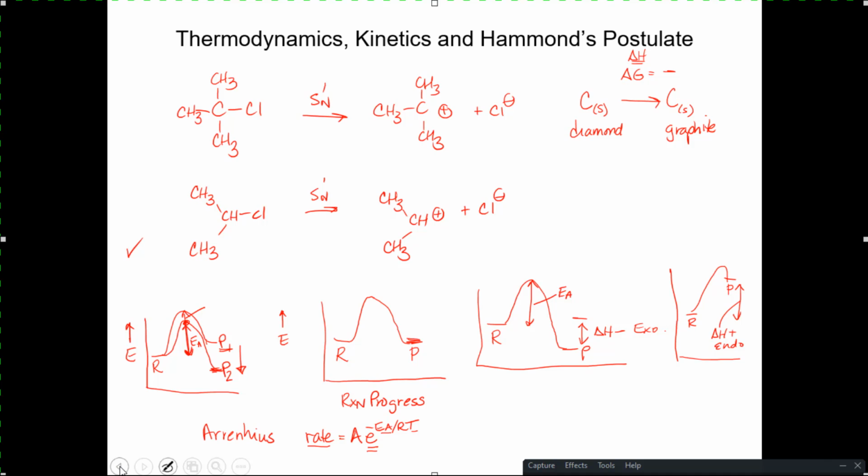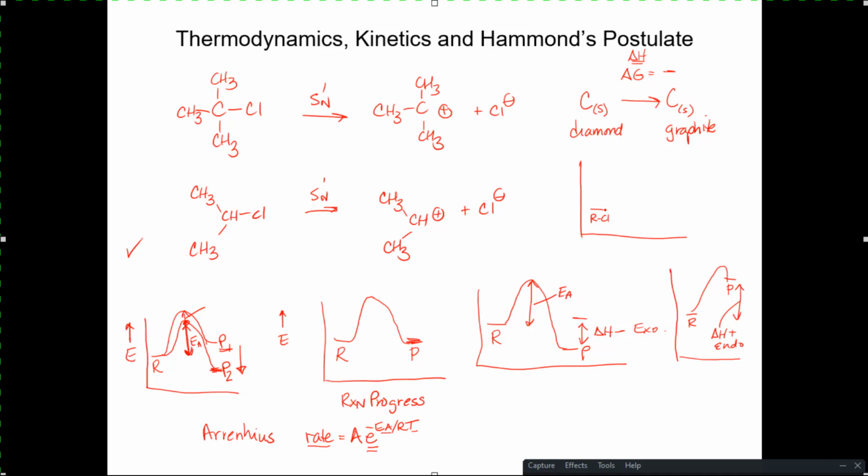So how does that help with this analysis? Well, if you're going to write out an energy coordinate diagram, we're going to start with the alkyl halide, which is going to have roughly the same energy regardless of whether it's primary or secondary or tertiary.